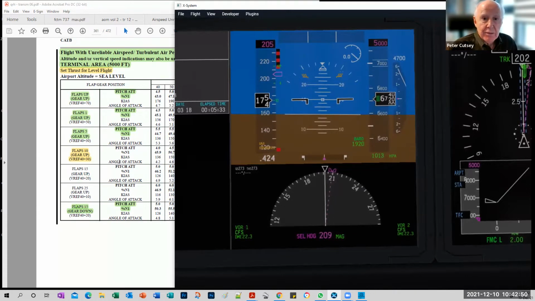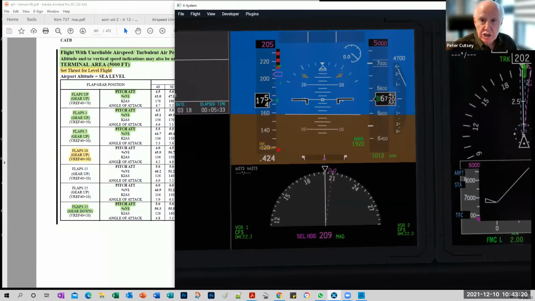Because remember in the last video, an IAS disagree QRH references for us to go to the airspeed unreliable checklist. Well, the airspeed unreliable checklist has memory items. So we've completed them. Autopilot disengage, as you can see.